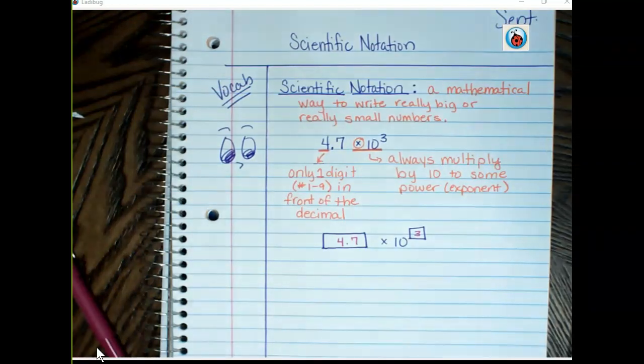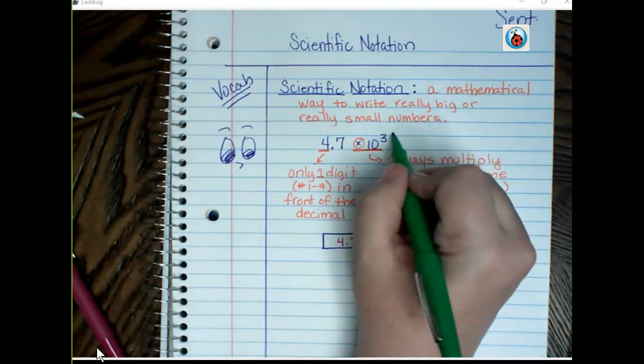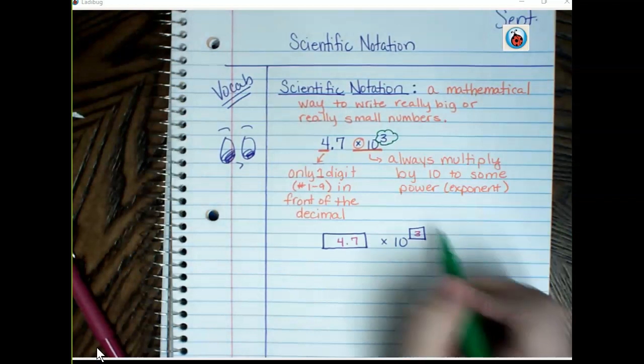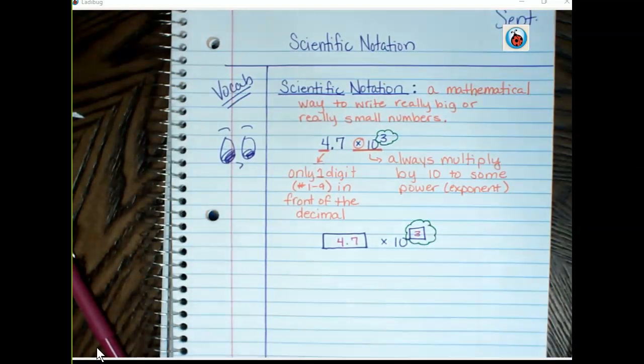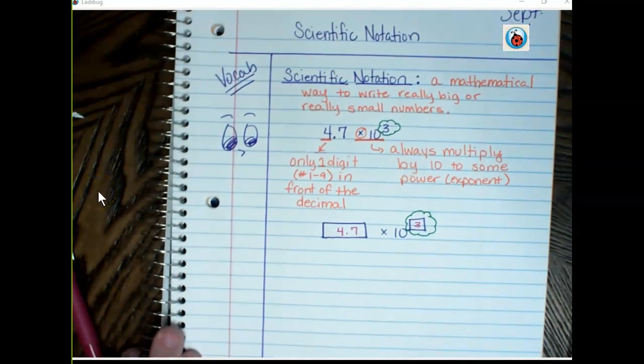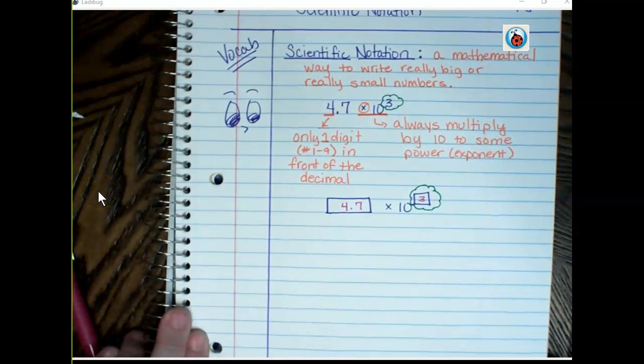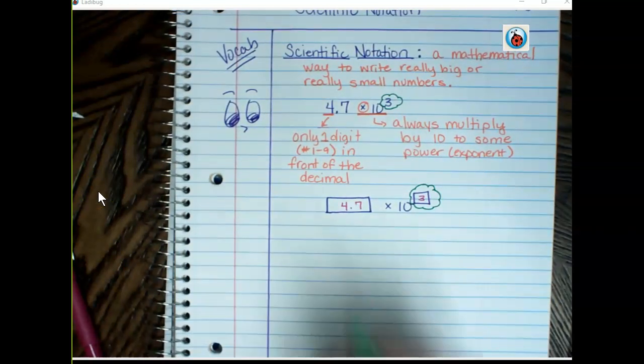The cool thing about scientific notation is that this exponent tells us everything we need to know about scientific notation. The exponent in scientific notation will tell us three things.